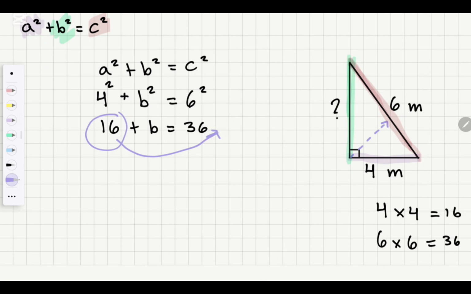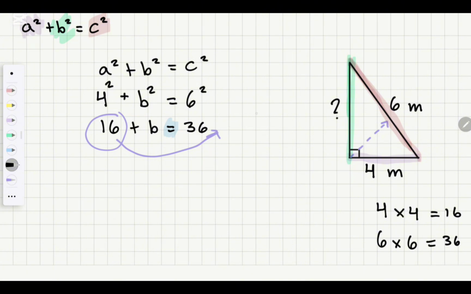Okay? Now, 16 is a positive number, but see how it crosses over our equation sign? That is going to make our 16 negative. So instead of 36 plus 16, it's going to be 36 minus 16.